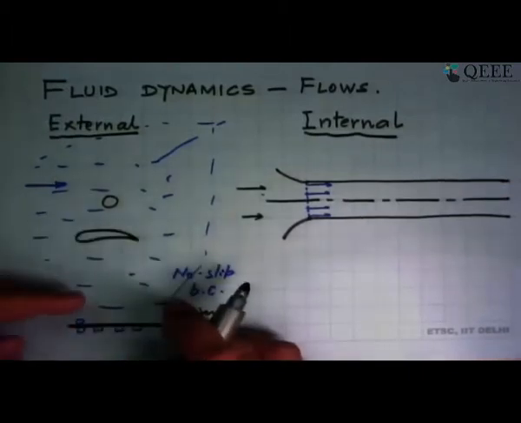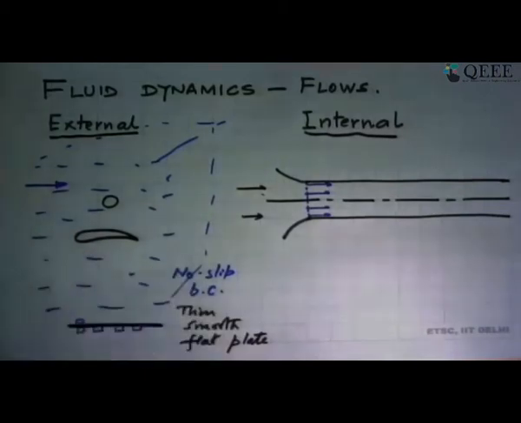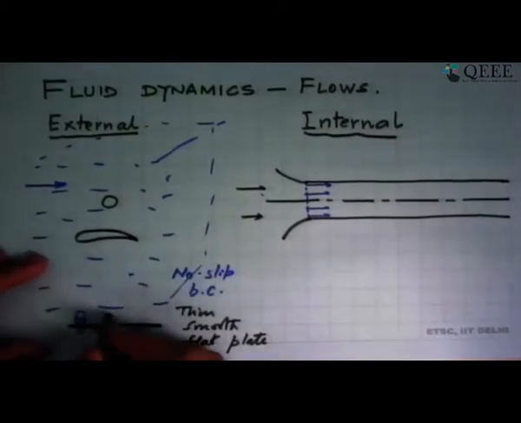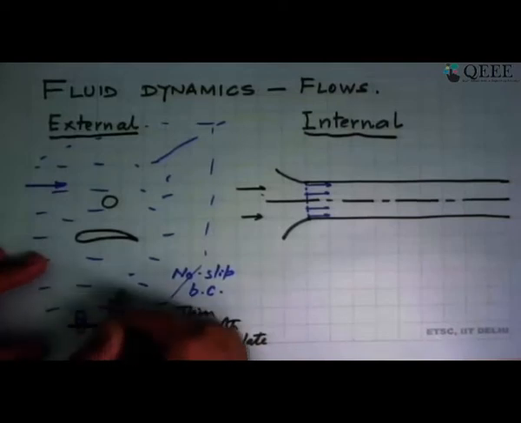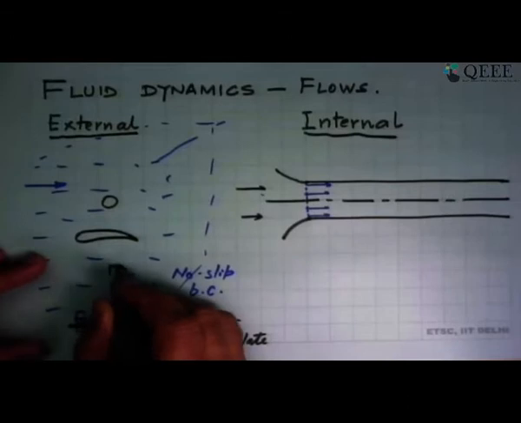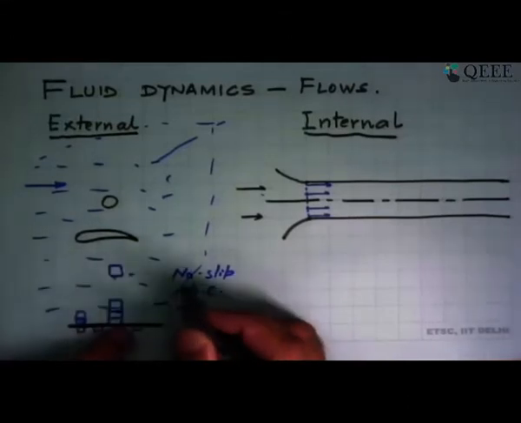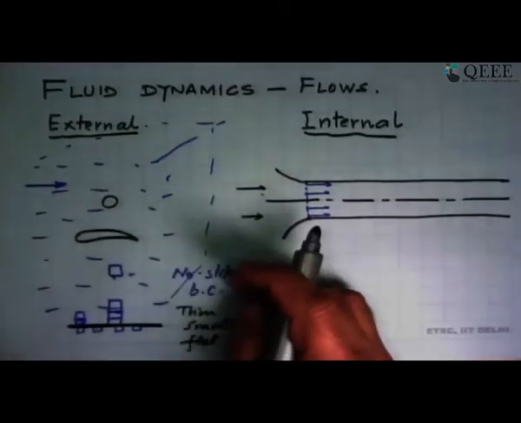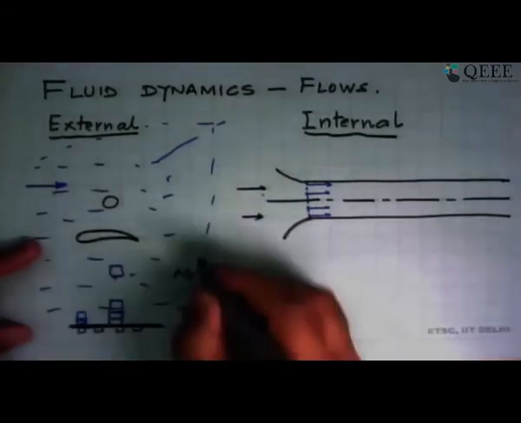So there is relative motion between two elements, which means there is friction there. So there will be shear force. The next element will be sliding on top of that. And as you go further up, the next element will be sliding on it until finally you reach a point where this element does not feel the effect of the plate. So that's very quickly what happens and what we call the growth of a boundary layer.